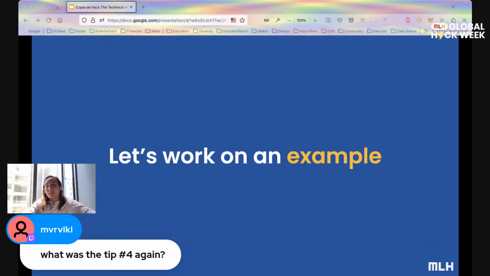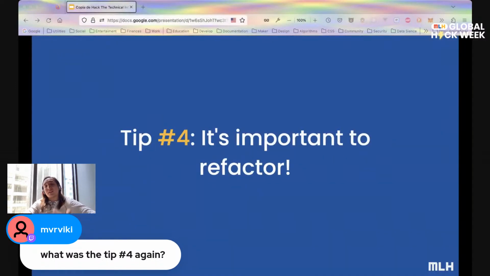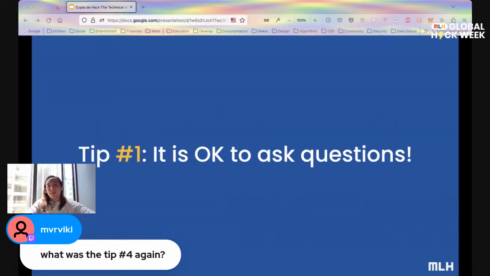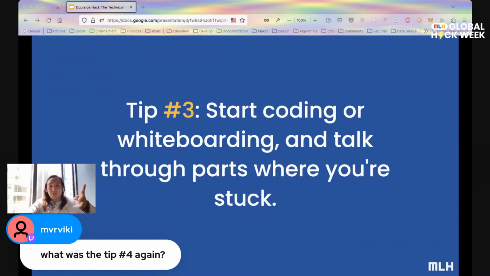So, what's number four again? Let's go back. Number four, it is important to refactor. Remember, let's go back to the first one. Ask questions, plan your answer, start coding, but while you're coding, talk through your process, refactor.